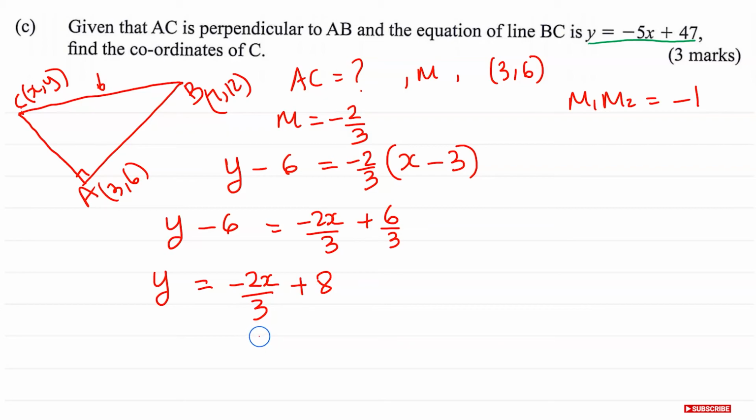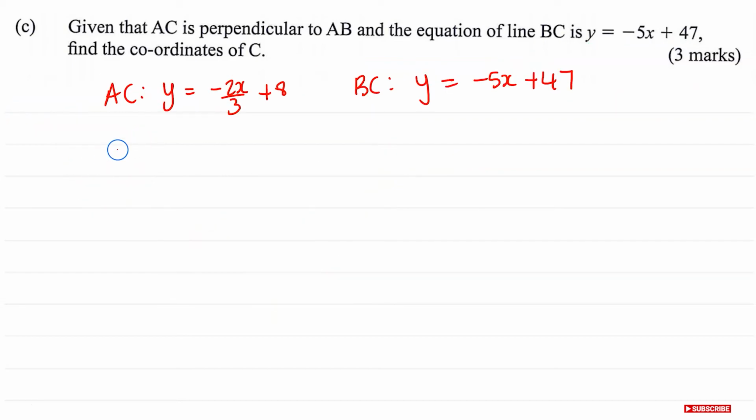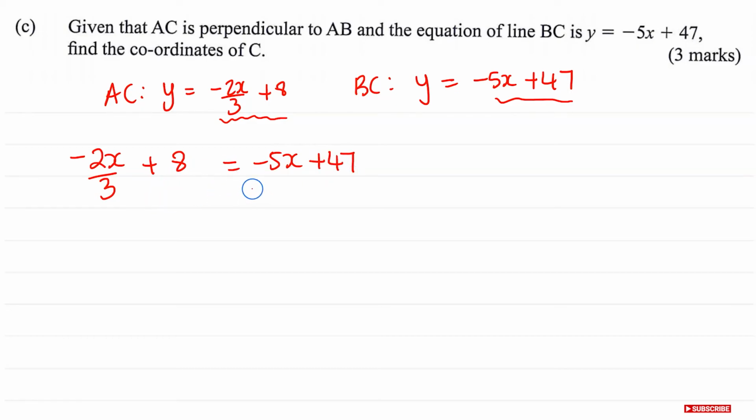Now this is the equation of AC. What we need to do now is equate this line and this line, minus 5x plus 47, because they are equal at point C. Right, so now we have these two equations. They are both y, which means we can equate them. So what we can say is negative 2x over 3 plus 8 is equal to negative 5x plus 47. Now what I'm going to do is add 5x on both sides, and then take away 8.